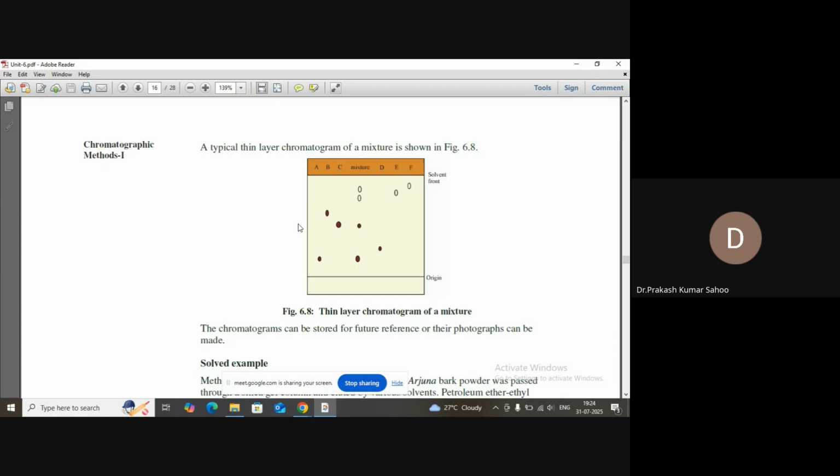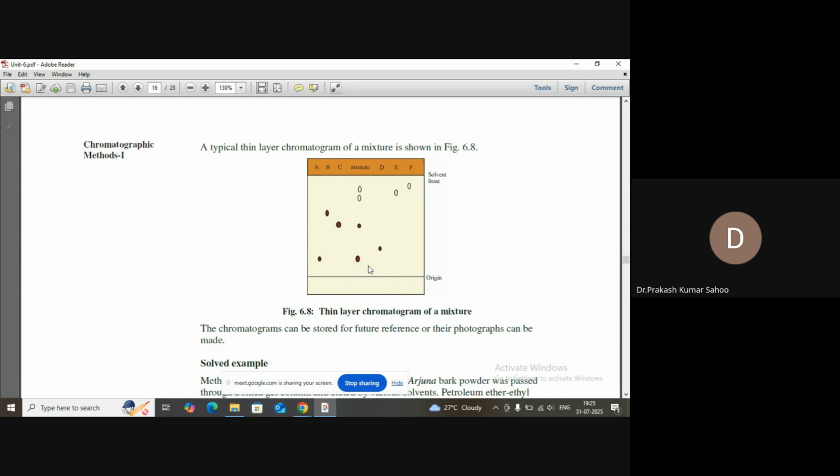This is your thin layer chromatograph, where this is the origin or reference line, like in paper chromatography. Whenever we put the samples here, the different components get detached from this reference line and go up with the mobile phase.